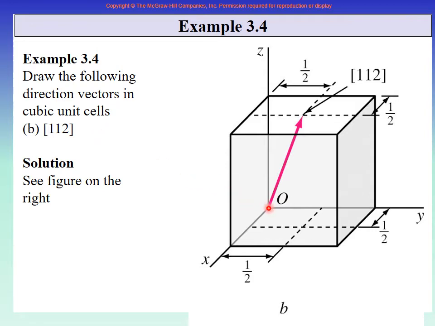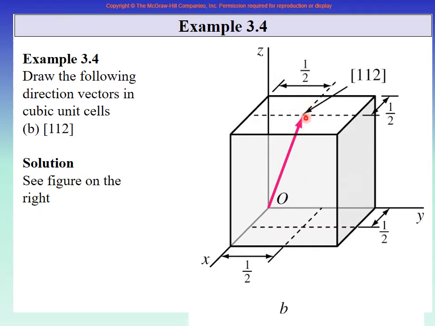So from here, half in x, half in y, and 1 in z. Do you understand? You go half in x, you go half in y, and you go 1 in z. So you are on the top face, and you are here in the middle. So this is the point half half 1.